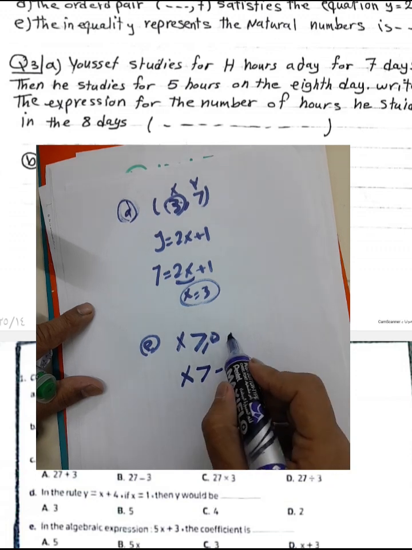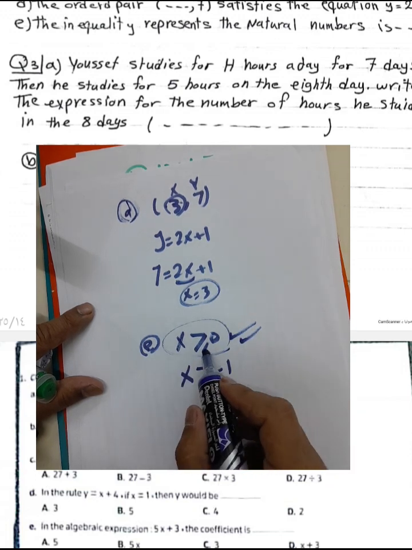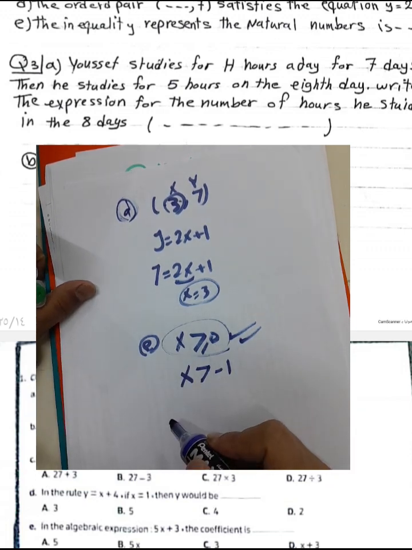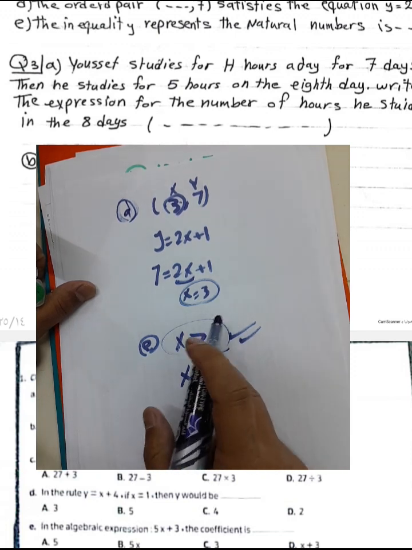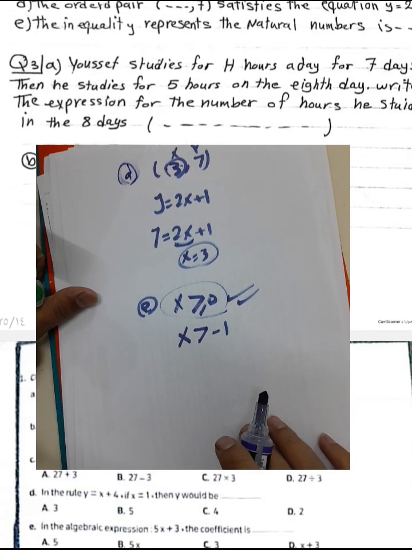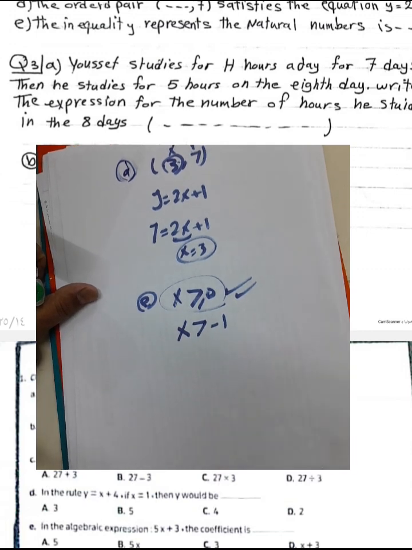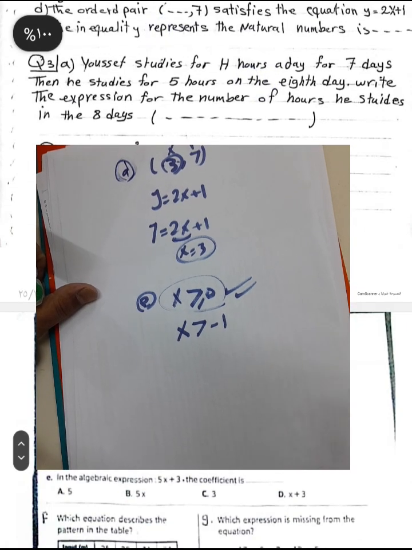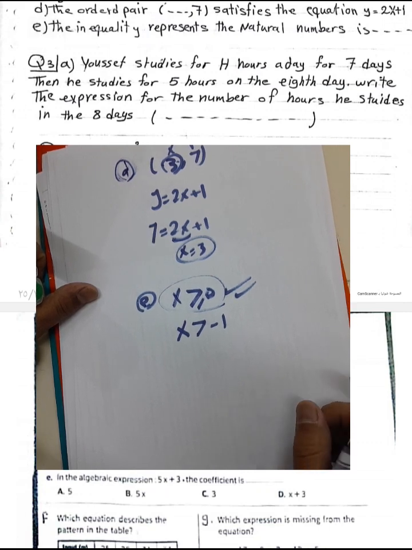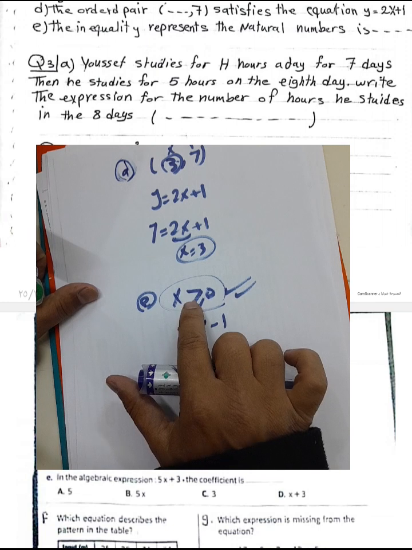So you must choose the first solution, x greater than or equal to 0, about natural numbers, because 0 is a natural number. Choose letter A, choose this solution.